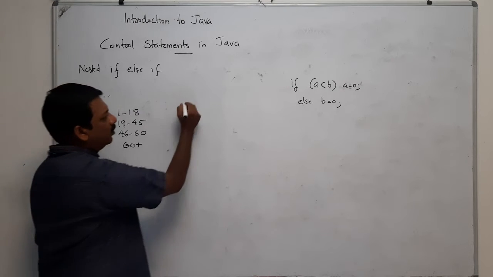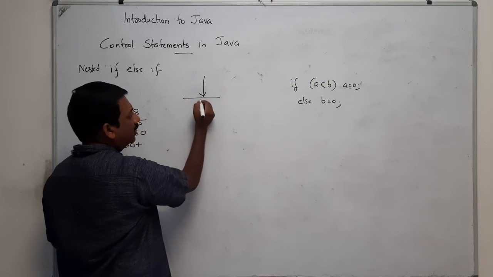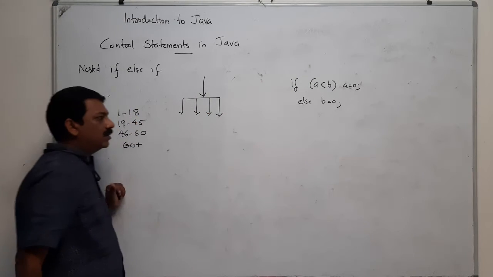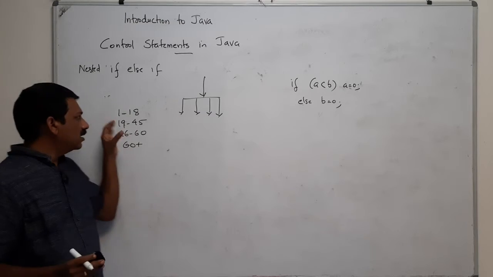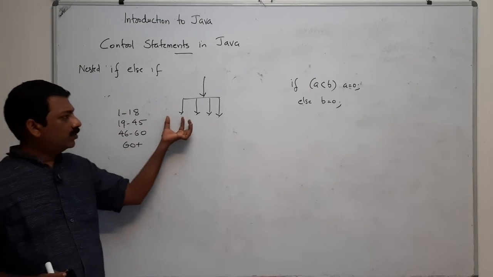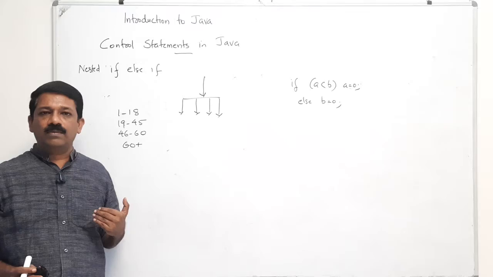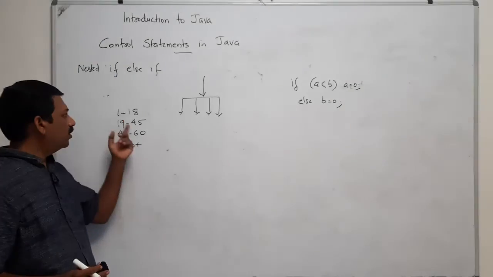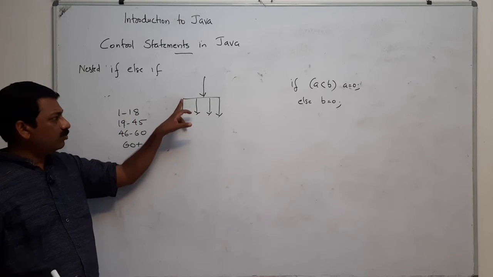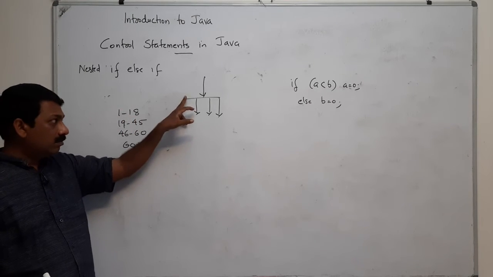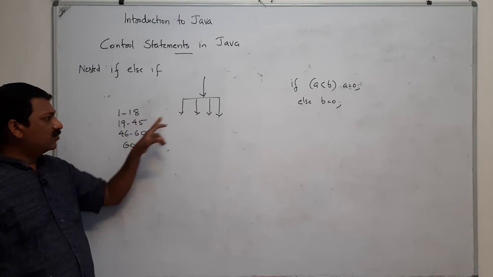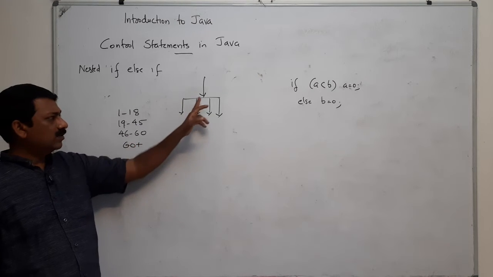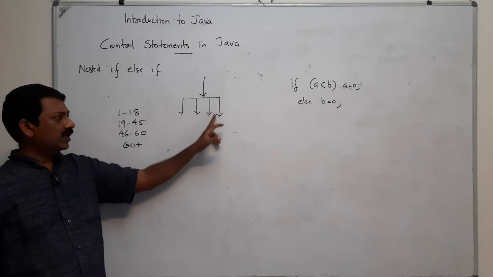At a point in time, you have to branch to four different paths. For each age group, you need a different set of statements. If it is 1 to 18, you take this path, and if it is 19 to 45, you take this path. 46 to 60, you take this path, and 60 plus you take this one.